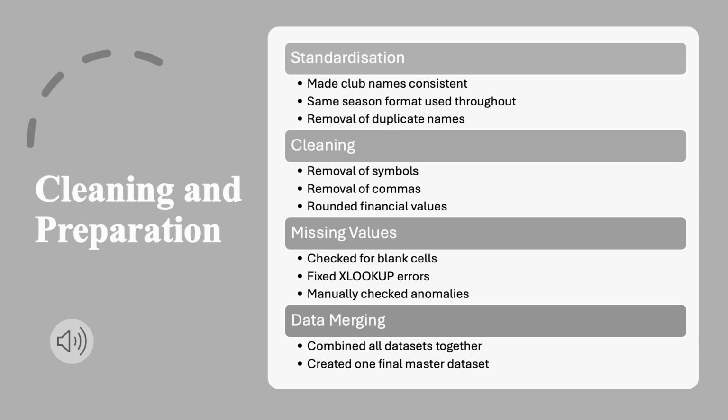Values were also rounded to improve readability and consistency. Missing values and XLOOKUP mismatches were identified and corrected, while anomalies and blank cells were manually checked throughout the process. Finally, all datasets were merged together into one master dataset for analysis.